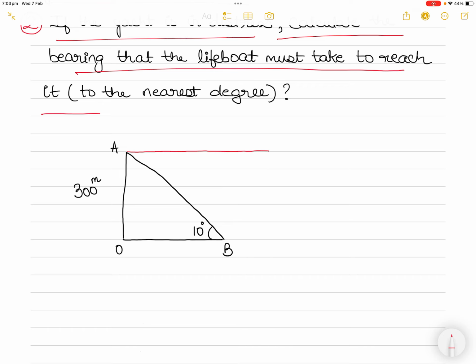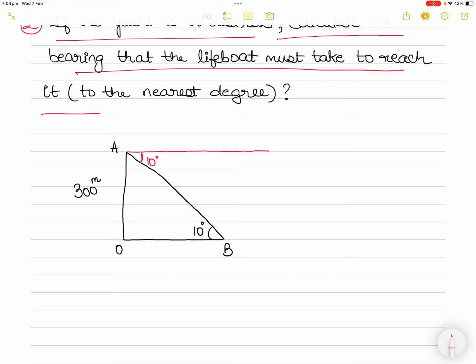Alright, if I draw a line parallel to the base of this triangle, this angle here will be equal to angle B, 10 degrees as well. Now this is called alternate angles. This is a principle that we use for parallel lines if we draw a diagonal between the two parallel lines. Now this is a principle we'll be using later on. So I thought let me start showing it to you at the beginning itself so that you don't get confused.